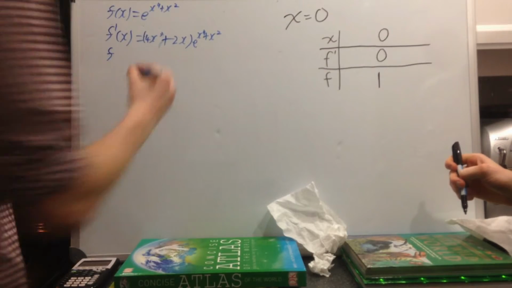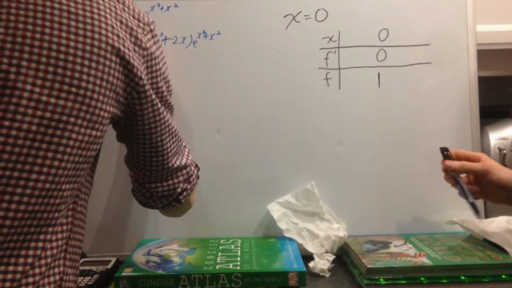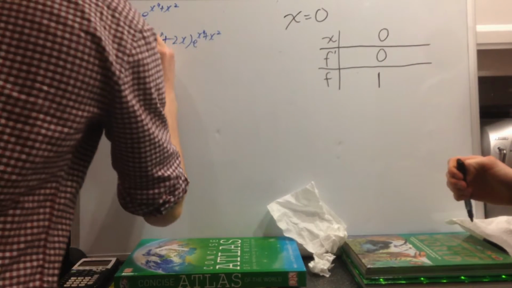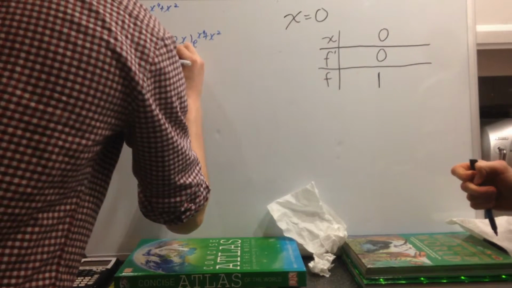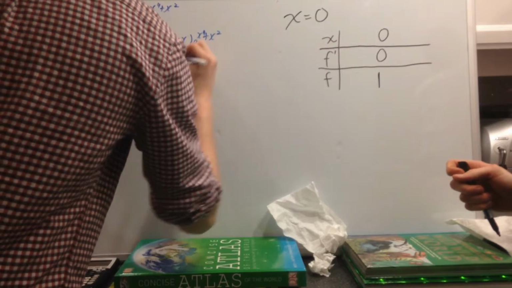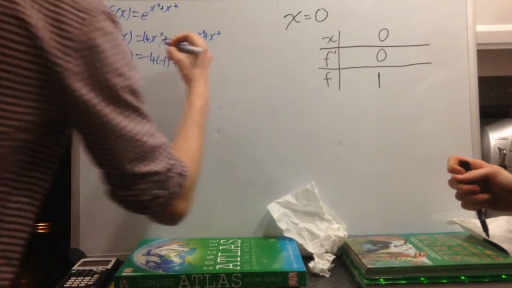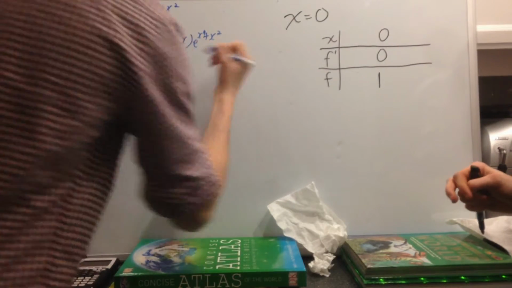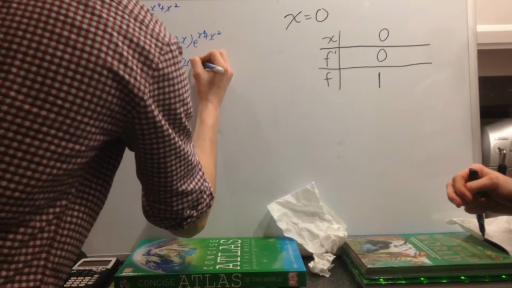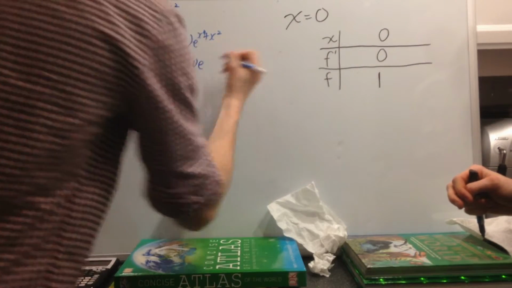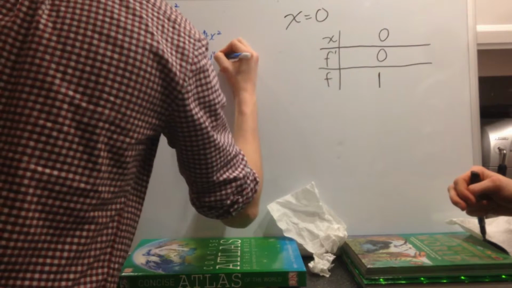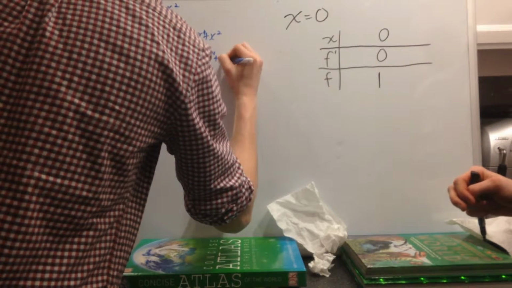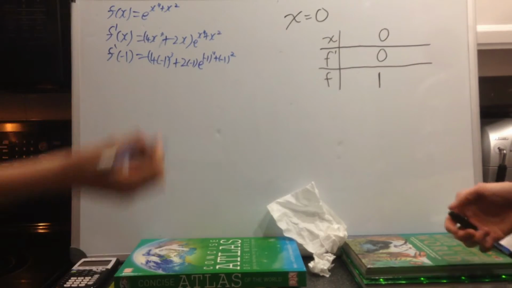This is the first derivative test. f prime of negative 1 equals 4 times negative 1 cubed plus 2 times negative 1, multiplied by e to the negative 1 to the power of 4 plus negative 1 squared.